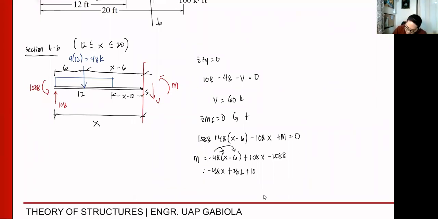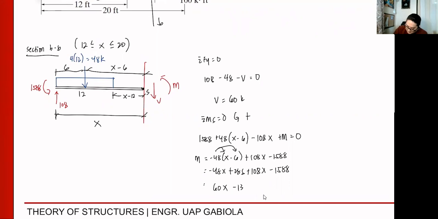Plus 108x minus 1588. So combine: negative 48 plus 108 is 60x, and 288 minus 1588 is negative 1,300. Okay? So this is the value of our moment. Shear, this is our moment.